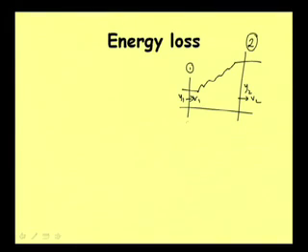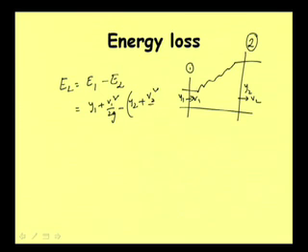In a rectangular section, the energy loss EL is equal to E1 minus E2, which is nothing but y1 plus v1 square by 2g minus y2 plus v2 square by 2g, or we can write it as y1 minus y2 plus the difference of v square by 2g. V square is nothing but q square divided by y square.